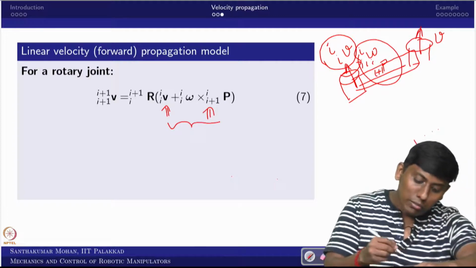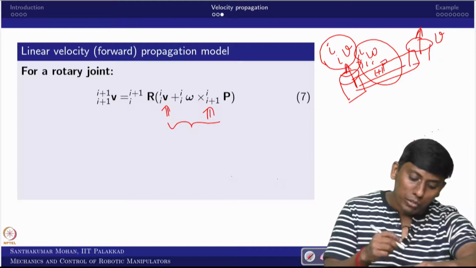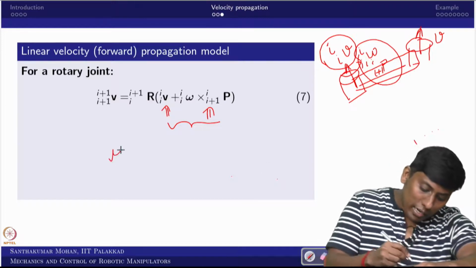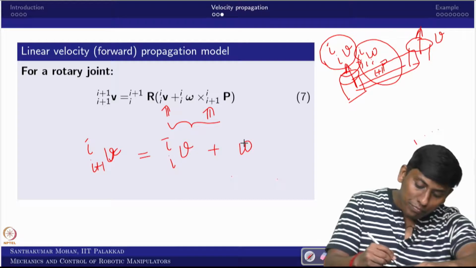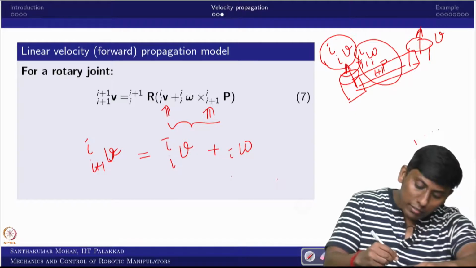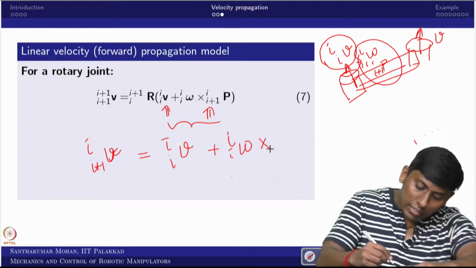All this information would be in the frame of I plus 1. In the sense, I can write V I plus 1 with respect to I as V I, because this is the same part of the body. Okay. So then you can see this would be the tangential component.